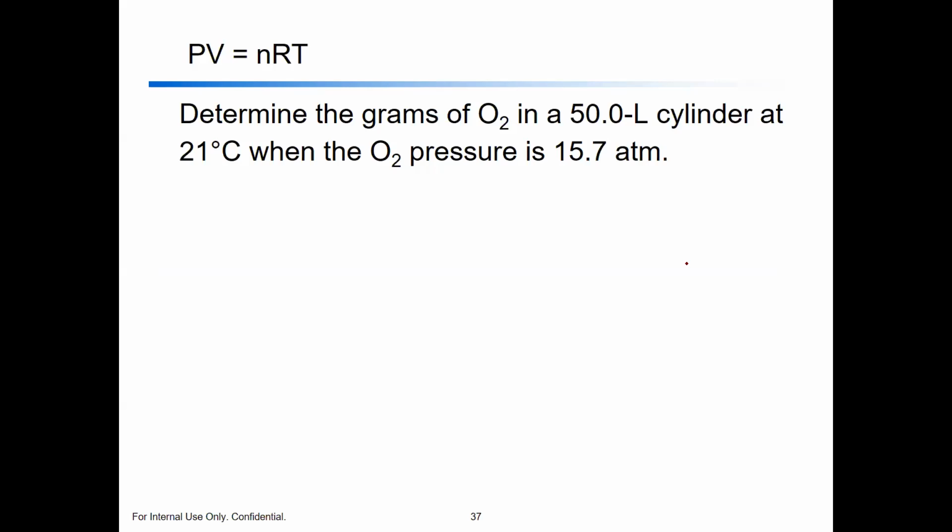Here's another one. Determine the grams. Now we got this oxygen gas. This oxygen is in this 50-liter cylinder, and we know the temperature of that gas. And we know the pressure, we have a little gauge that says 15.7 atm. How many grams do we have of this oxygen in this tank?